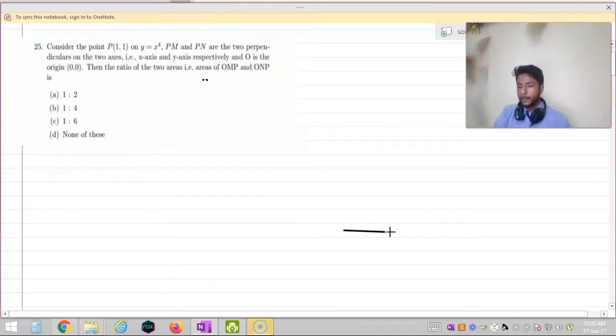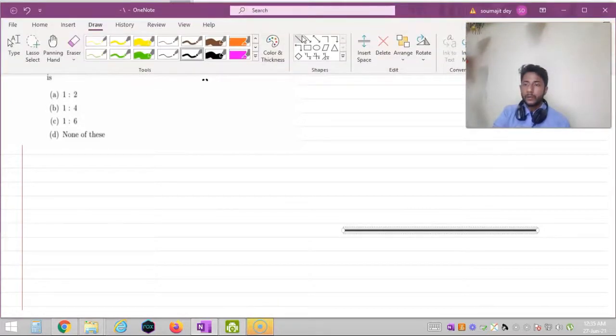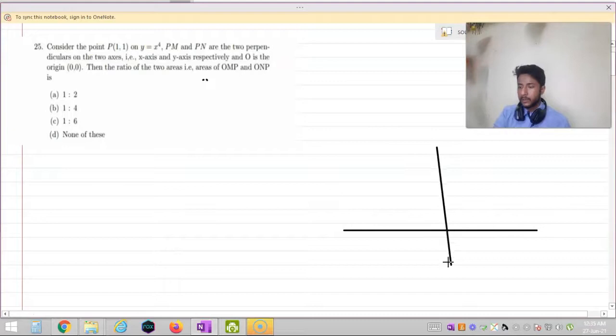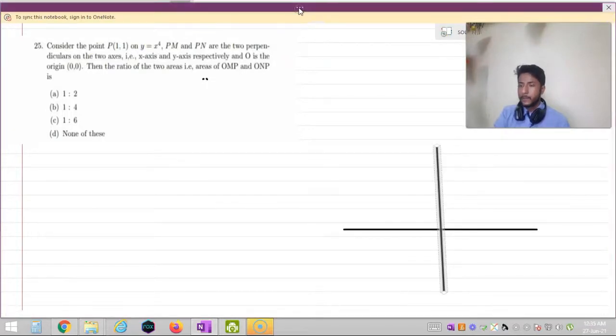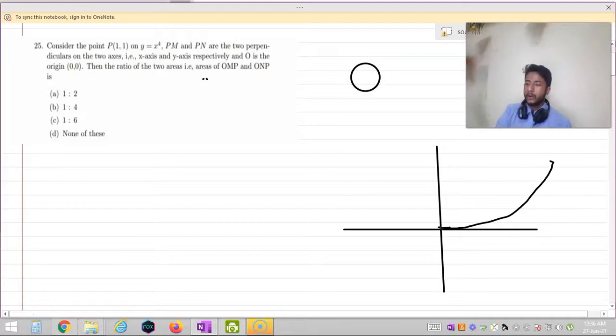Okay, this is our first line, this is our second line. Then this is our graph of y equal to x to the power 4. And this is our point P (1, 1).